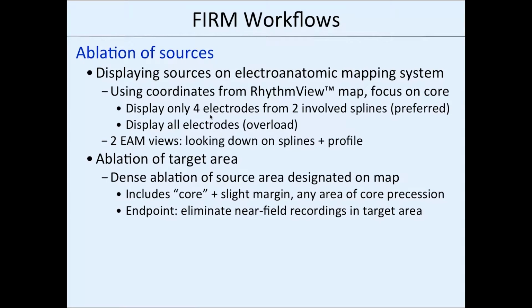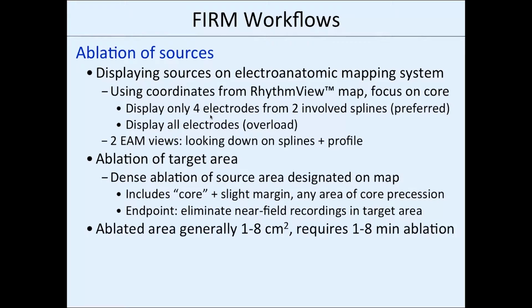The end point of this, again, is to eliminate near field recordings in the target area so as to eliminate the source on remapping. The area ablated is usually from 1 to 8 centimeters squared, and it requires 8-10 minutes of ablation to get to this endpoint of knocking down the signals so there are only far field signals left.